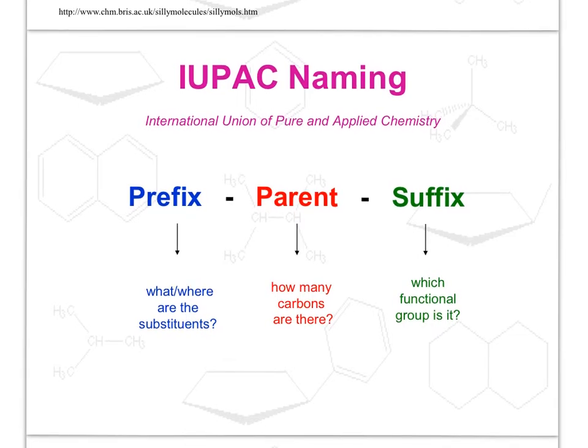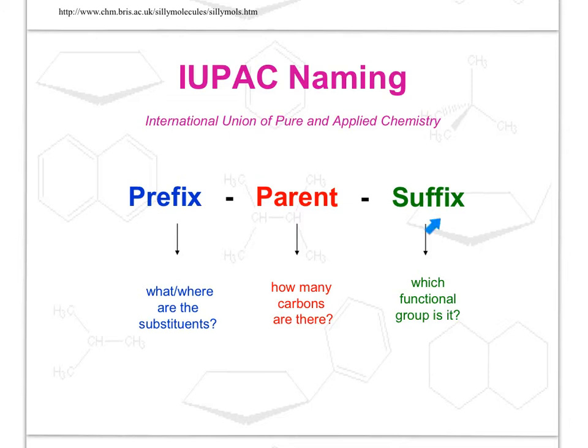For an organic molecule, the name actually has three parts to it, just like your name has three parts: a first name, a middle name, and a last name. Organic molecules also have three parts to their name. They have a prefix, a parent, and a suffix. The parent tells you how many carbons are in the main chain, the longest chain in the molecule. You count up how many carbons and you give that a name.